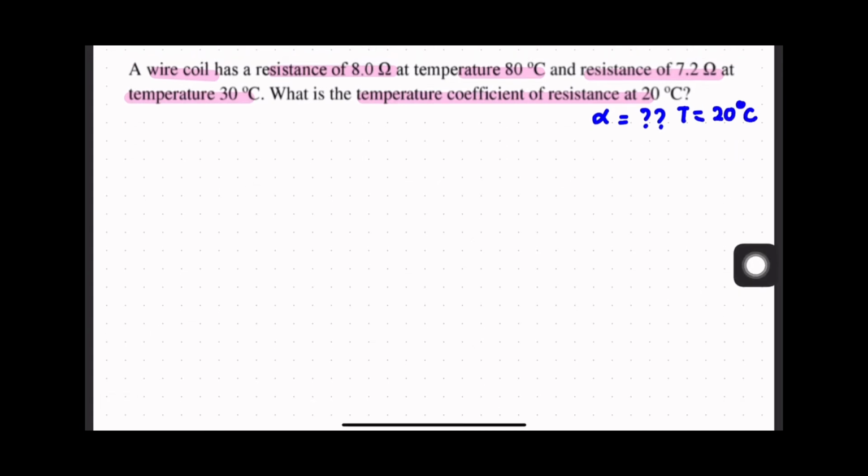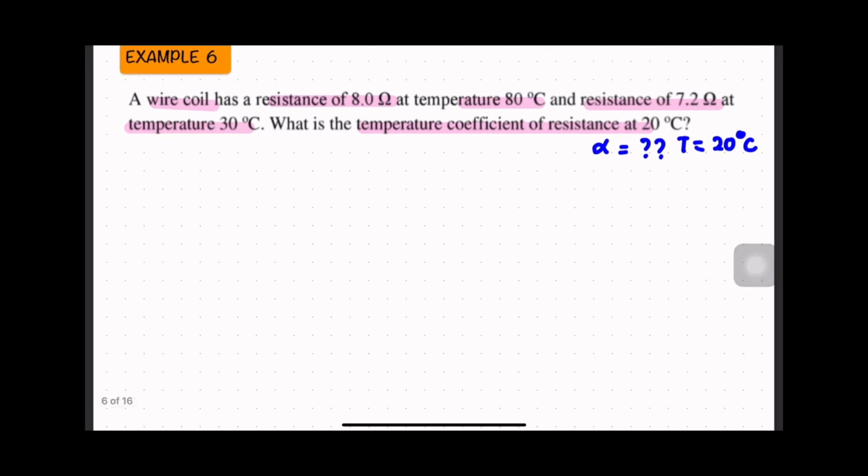20 degree Celsius. Okay, so kita ada dua equation di mana you akan guna R is equal to R0 1 plus alpha delta T. Okay, so satu R ni nilainya adalah 8 ohm. R0 kita tak tahu berapa pada suhu 20. Jadi kita letak je R0. 1 plus alpha.